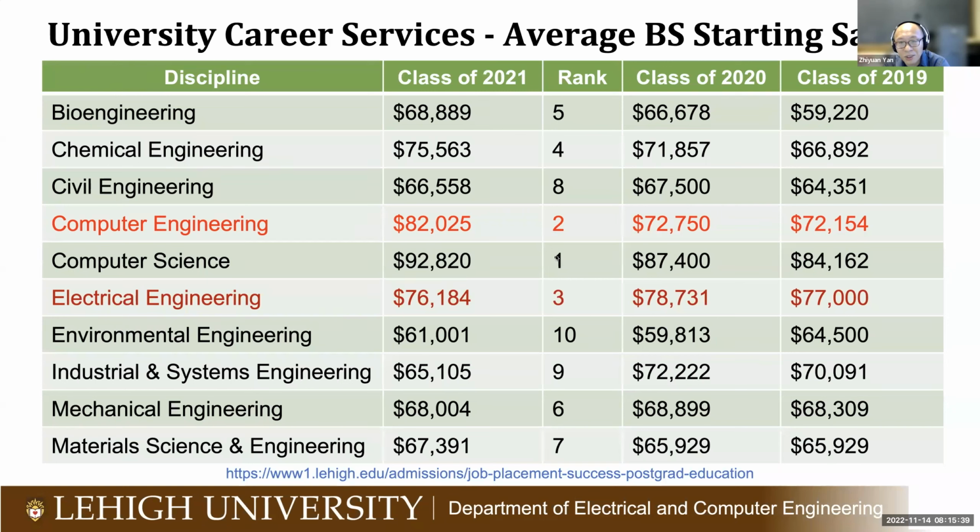You can see for the last 3 years, based on these numbers, computer engineering and electrical engineering are always among the top 3 when you compare all the engineering disciplines. Okay, so I just want to show you that, by choosing computer engineering and electrical engineering, after graduation you have a great future finding jobs and so on. Next slide.